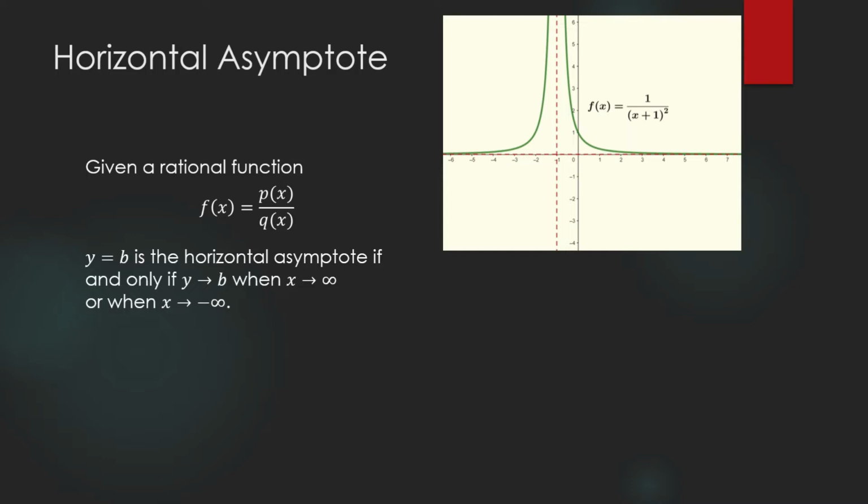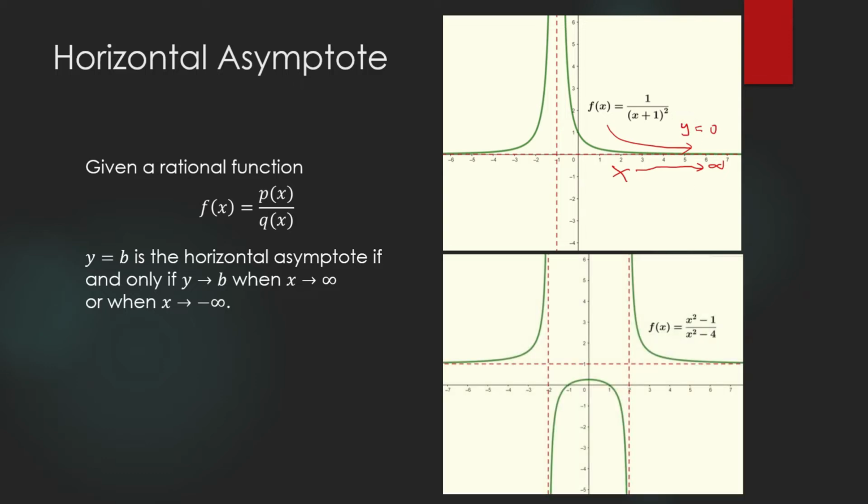In this example, when x approaches infinity, what that means is when x takes on values that grow positively to infinity, the value of your function, or the y-coordinate of the points of the graph of your function, approaches the horizontal axis. And the equation of your horizontal axis is y is equal to 0. This one has a different horizontal asymptote.